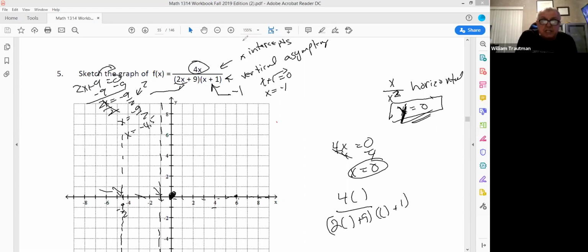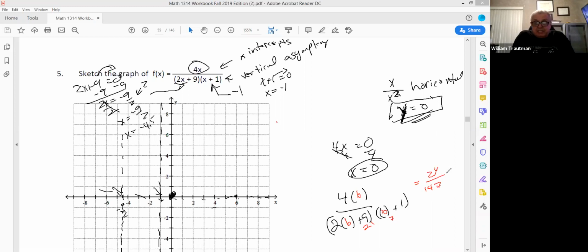Let's plug a 6 in there. And so the top is 24. 2 times 6 is 12, plus 9 is 21. And so we get 21 times 7 is 147.